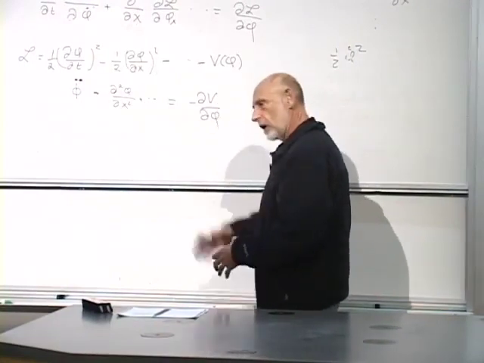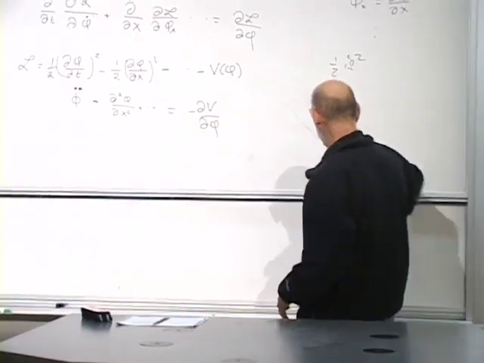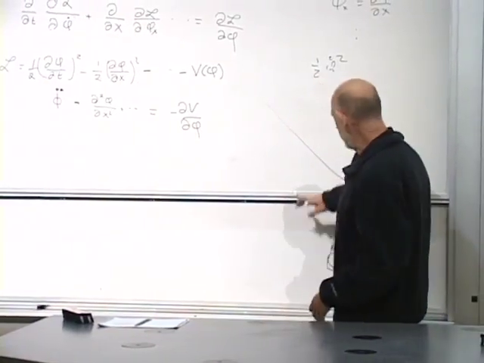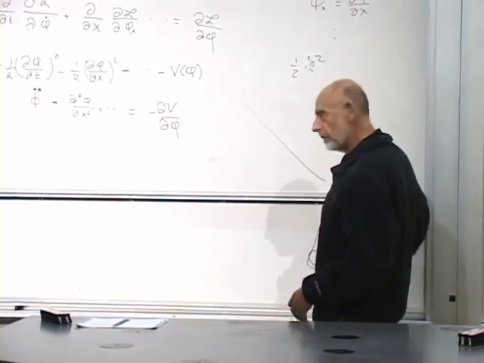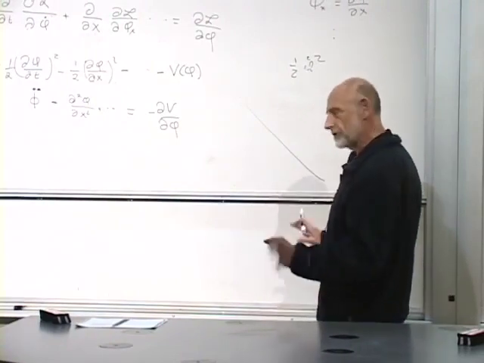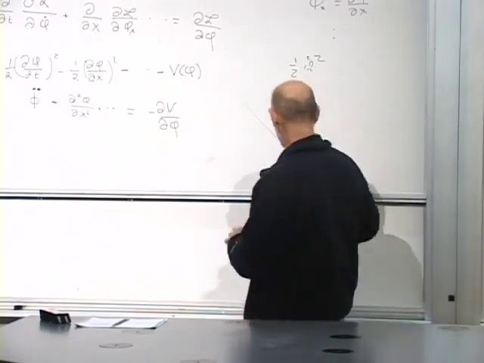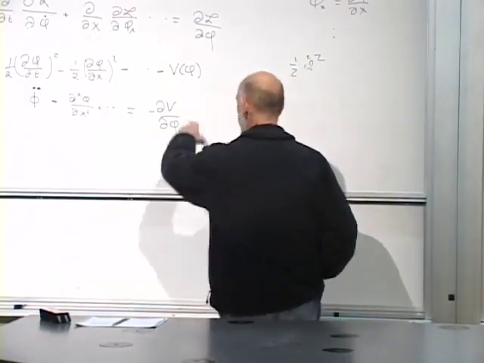If V is unbounded from below, in other words, if V is just a linear function of phi, that means the minimum of the energy is infinitely far off, negative infinity. That's not good.